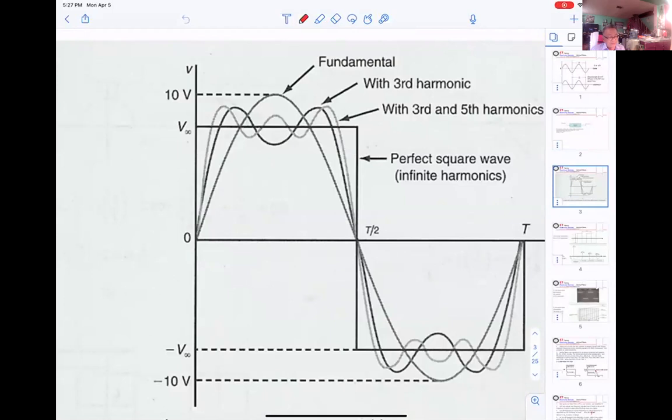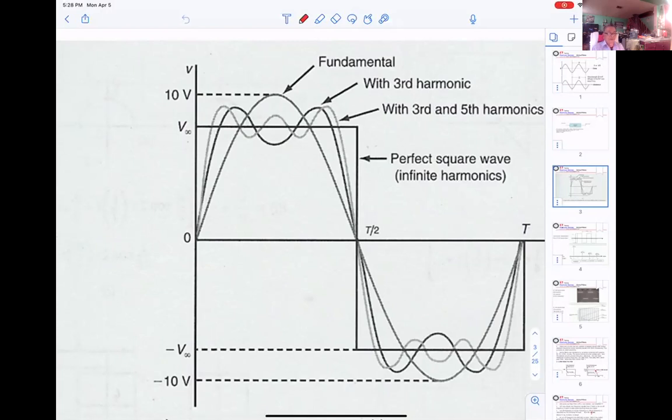More harmonics make up the square wave. So if you are looking at it on the oscilloscope, you can see only one sine wave, and for the square wave, the same thing.